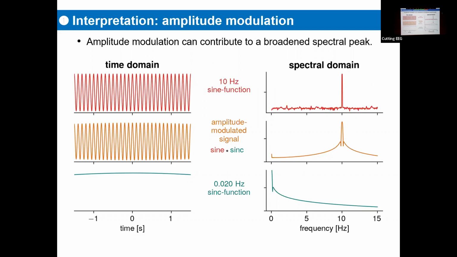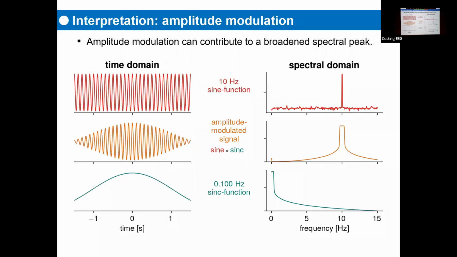So if you amplitude modulate the signal with this specific function, what happens in the frequency domain is that your spectral peak will get broader. So for the nerds, multiplication in the time domain is convolution in the spectral domain.